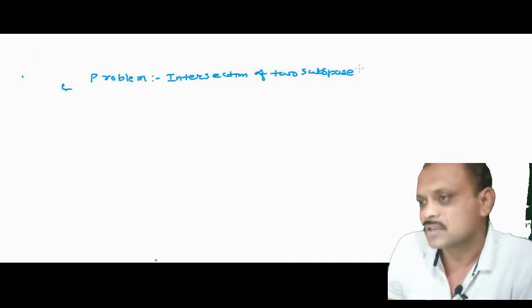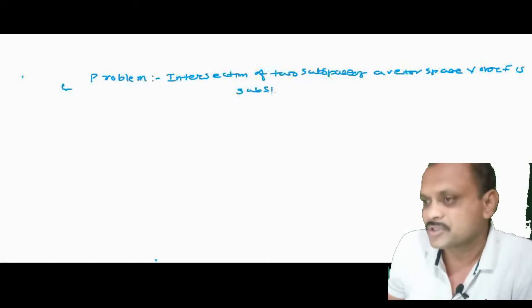Then the intersection of two subspaces of a vector space V over F is a subspace.